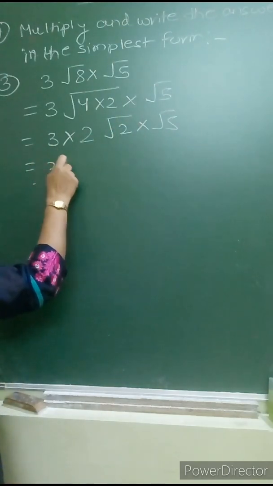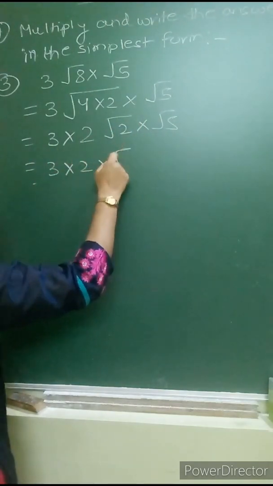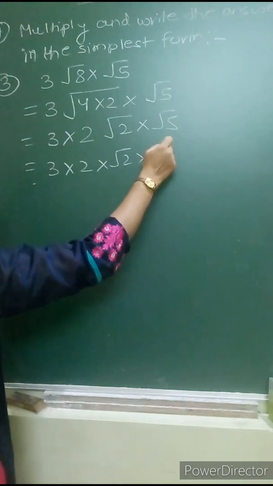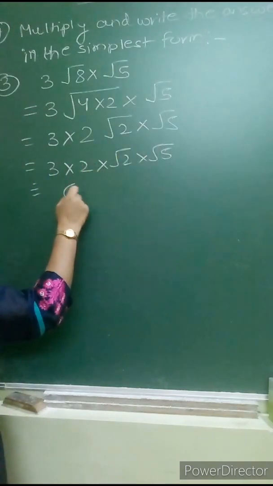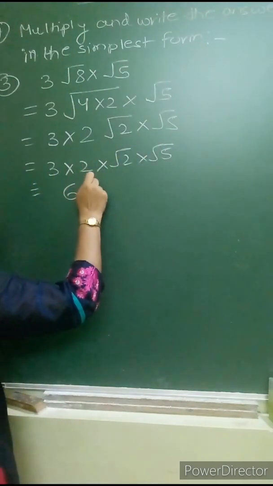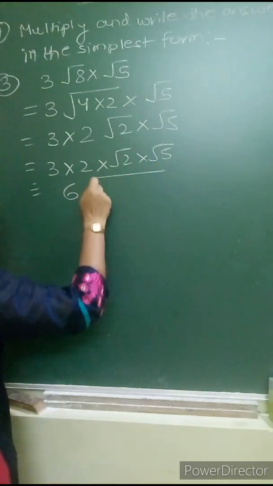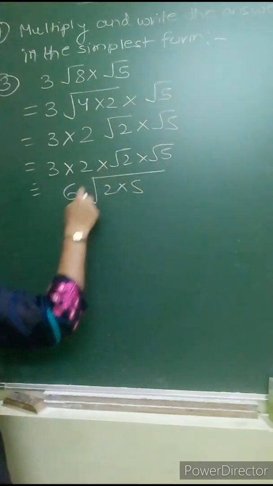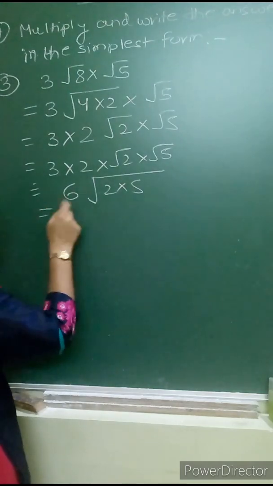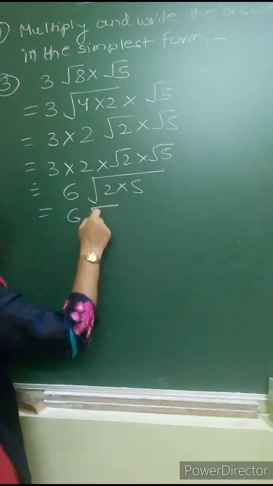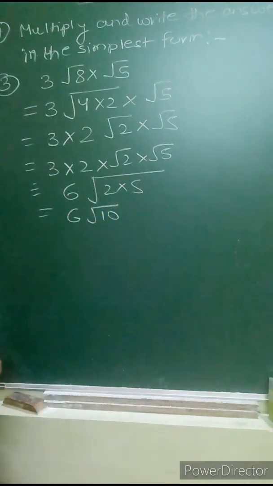Now this can be further written as 3 into 2 into square root of 2 into square root of 5. So 3 into 2 is 6, and this can be written as 2 into 5. I am removing the multiplication sign here itself. So 6 square root of 10 is the final answer.